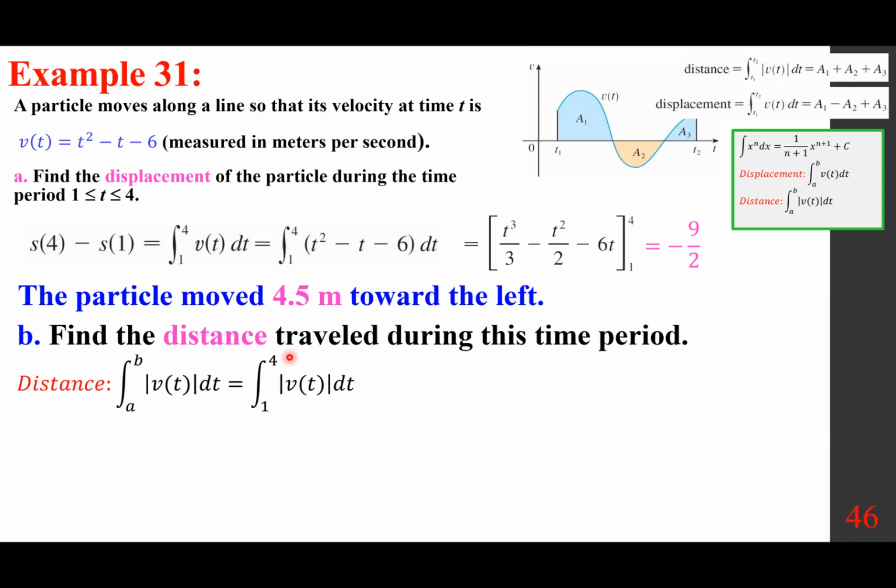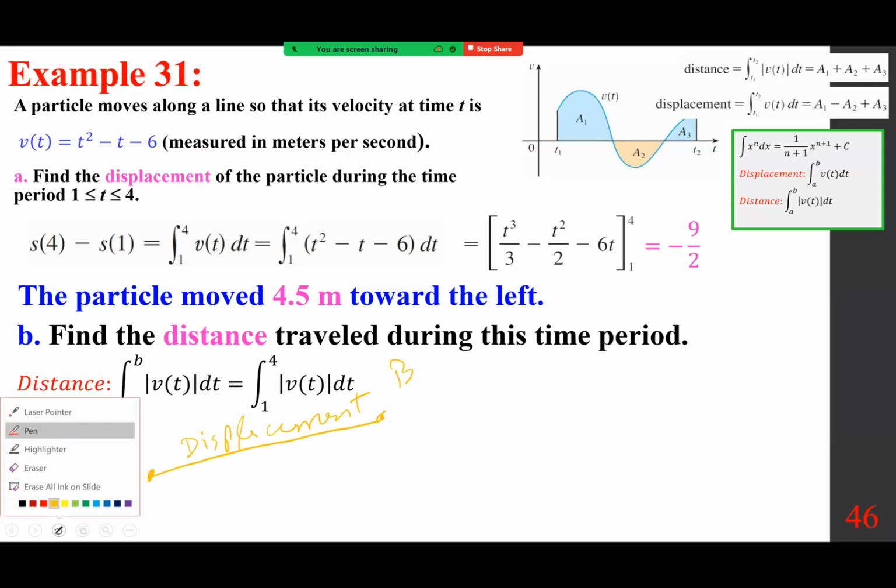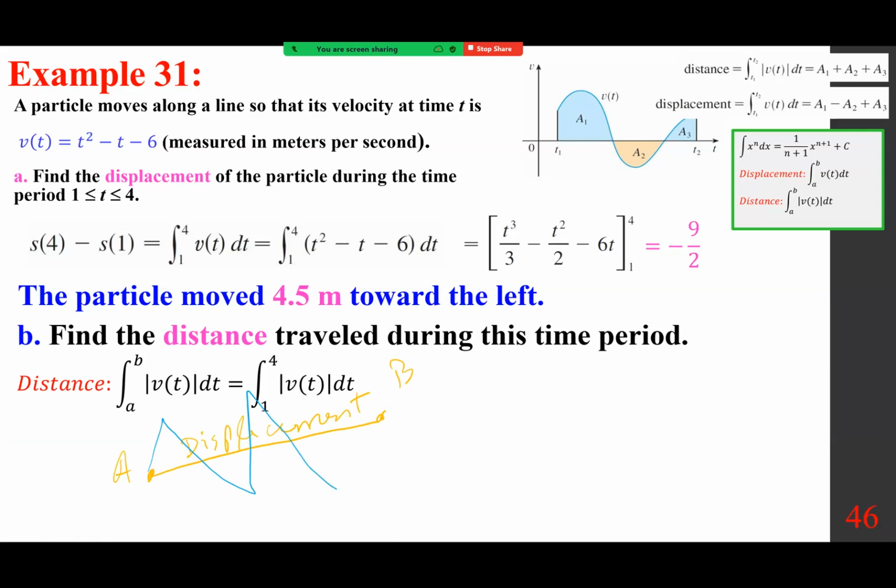If I want to go from point A, let's say to point B, this is my displacement. However, maybe I didn't go straight. Maybe I went like this, then like this, like this, like this, like this, and then I ended up there, which means I covered this much plus this much all the way.